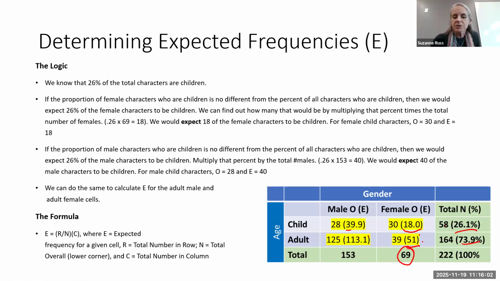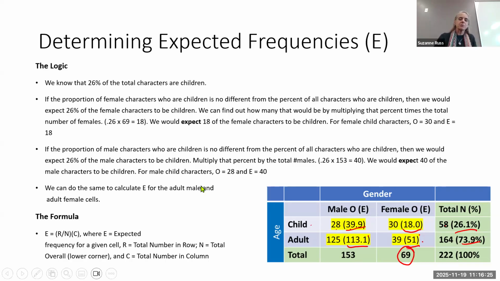And we know that almost 40 of the male characters should have been children and 113 should have been adults. So these are our O's and E's. The O's are here, the E's are here. And we're using the same formula to calculate O minus E squared divided by E. That's how we're figuring out these cells.